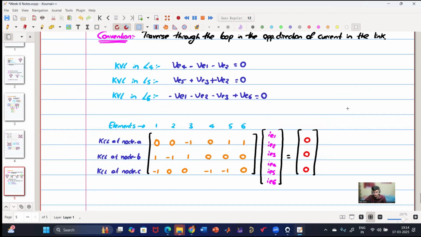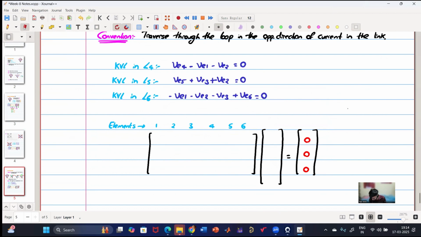Okay. So instead of IE1, IE2, I have VE1, VE2, VE3, VE4, VE5, VE6. This is KVL in loop. Right? So let me just fill. So it is KVL in loop L4, KVL in loop L5, KVL in loop L6.